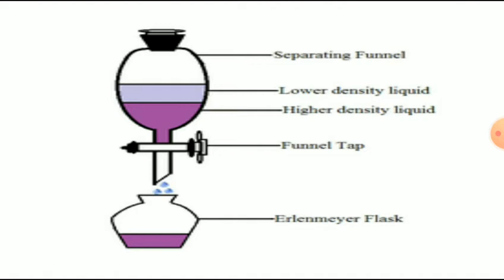The sample component distributed into the organic phase we separate from the separatory funnel into a flask, and when we evaporate that organic solvent, we will get that separated sample or solute component. So this is actually the basic principle of solvent extraction.